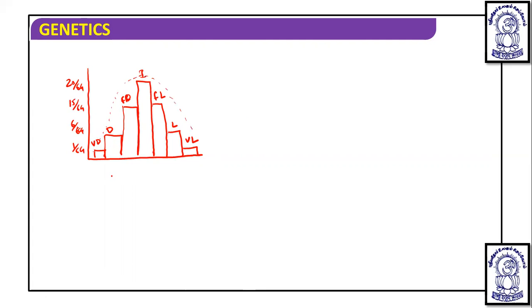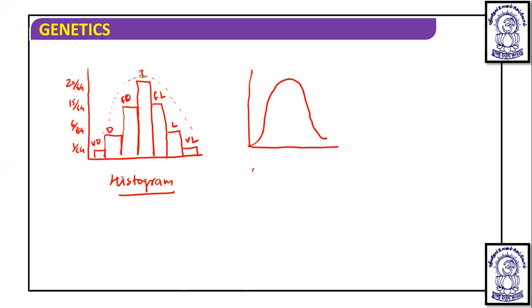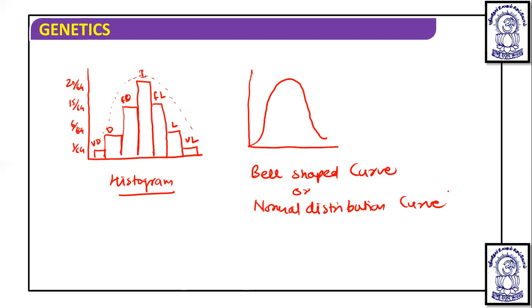This is a histogram, and in the same way a bell-shaped curve can be obtained like this. So a histogram or bell-shaped curve is obtained in polygenic inheritance. This is also named the normal distribution curve.